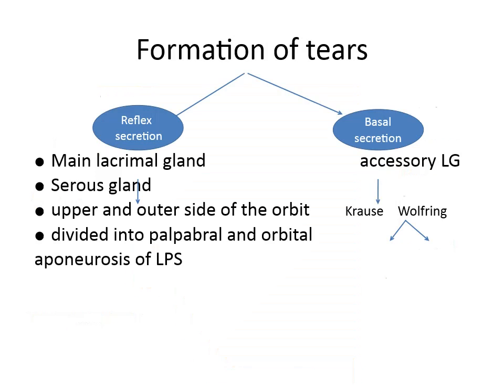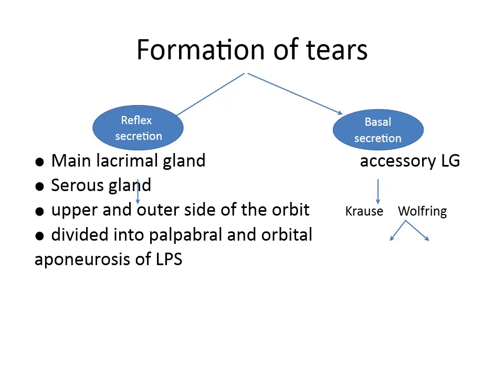Okay, next coming to the formation of tears. Here there are two components: one is the reflex secretion and the other one is the basal secretion. Reflex secretion, as the name suggests, is an outpouring of tears when there is any damage or infection to the conjunctiva or the cornea. Reflex secretion is from the main lacrimal gland.